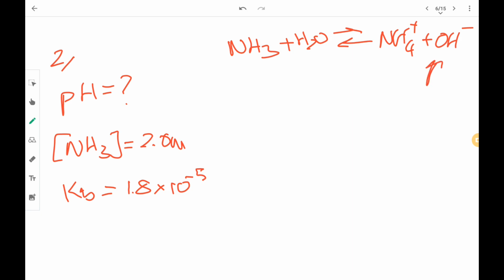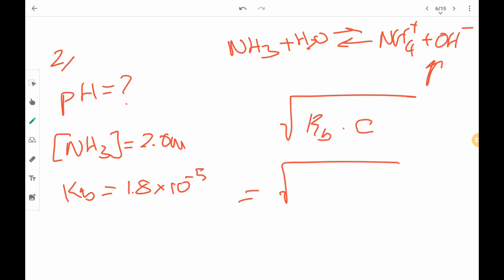Since it gives OH minus, the concentration for it is radical Kb times the concentration of the NH3, which is radical 1.8 times 10 to the power of minus 5 multiplied by 2, which is 6 times 10 to the minus 3.